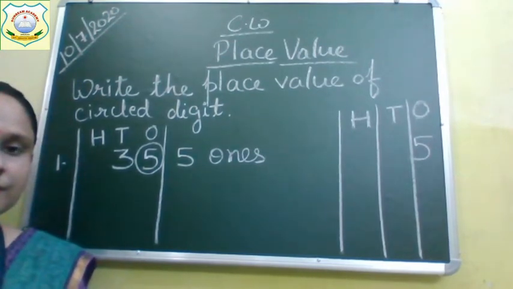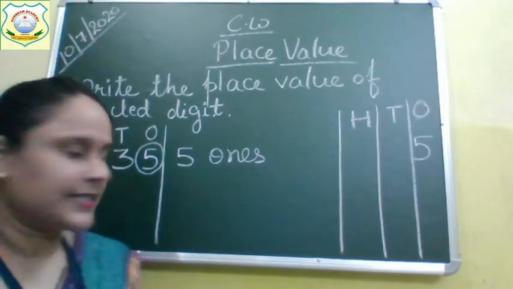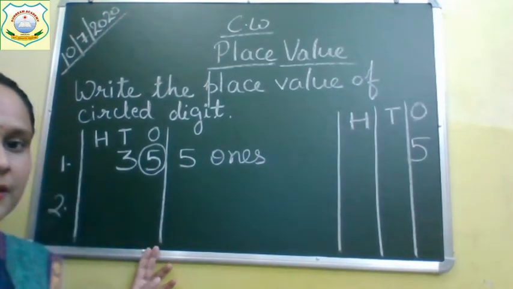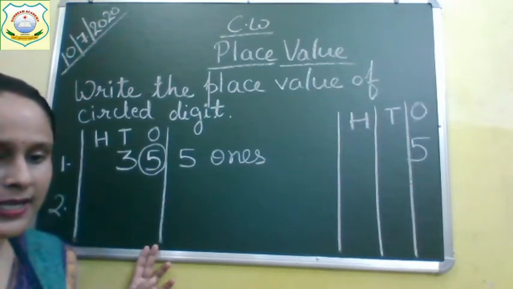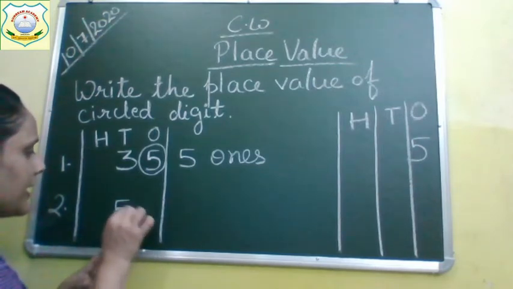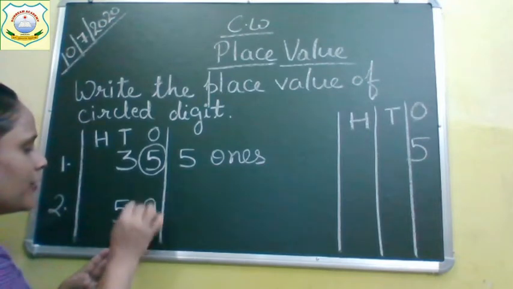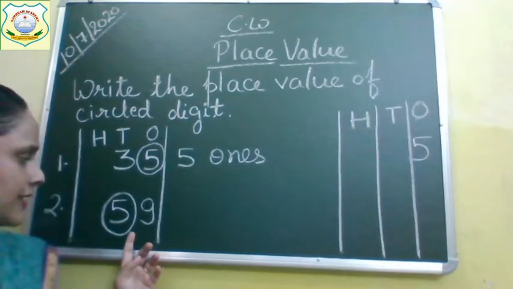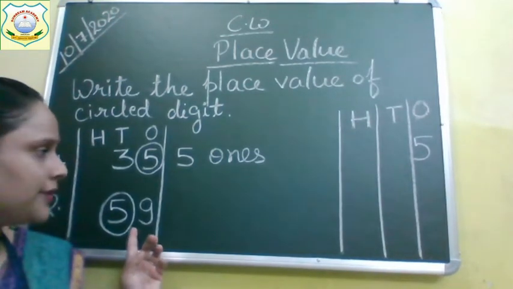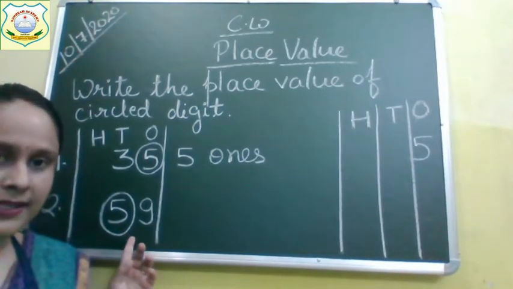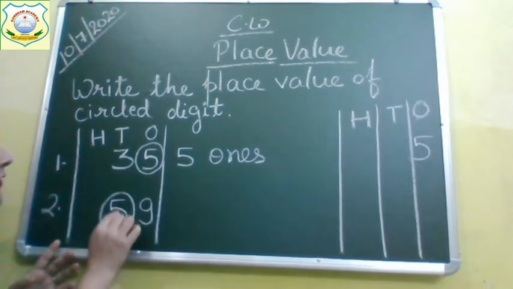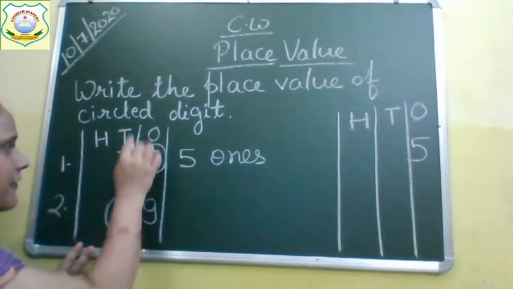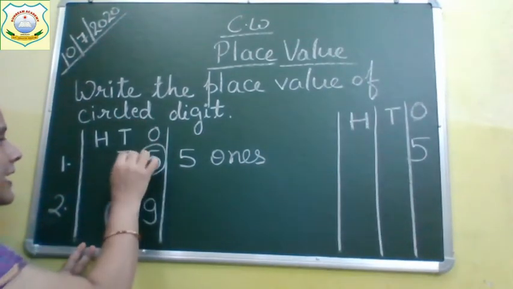Now children, see the second question. All of you see the second question. Second question is 59. Now, which is the circle number in 59? 5 is the circle number. Now 5 is in which place? 5 is in tens place.